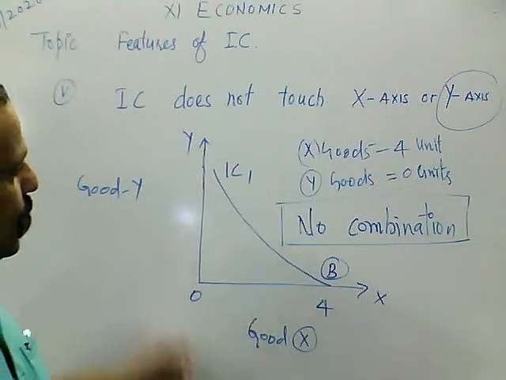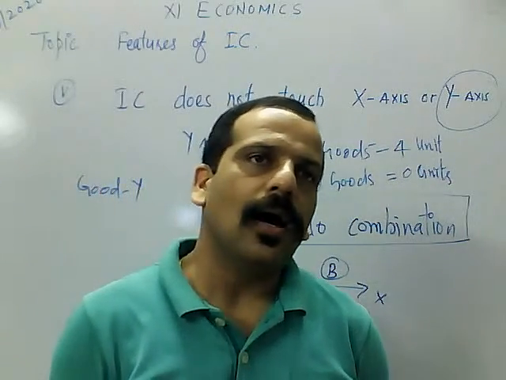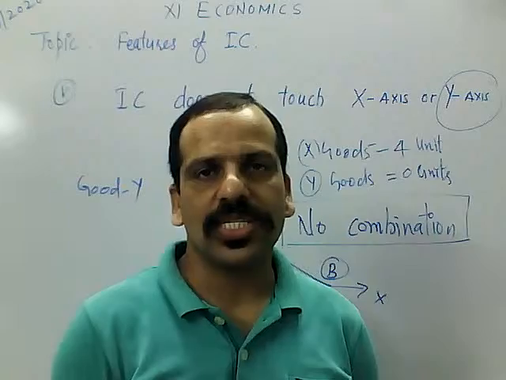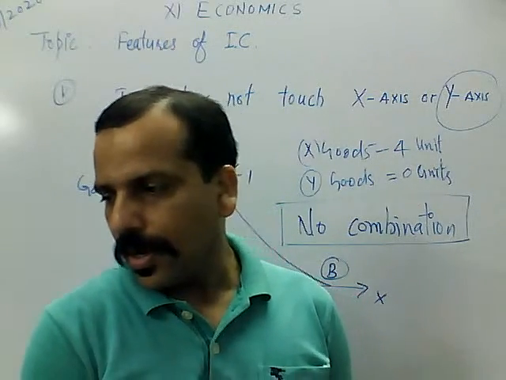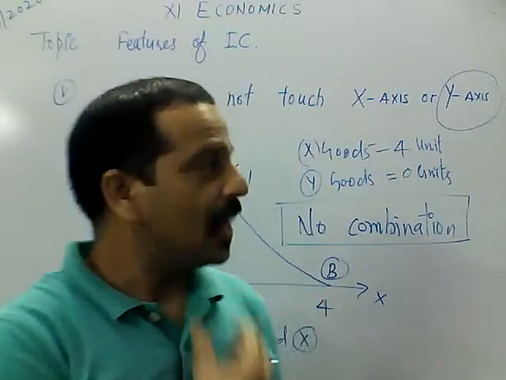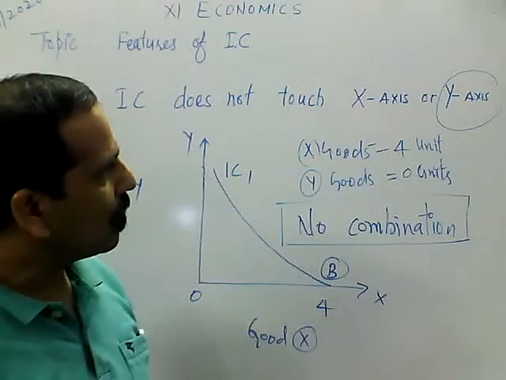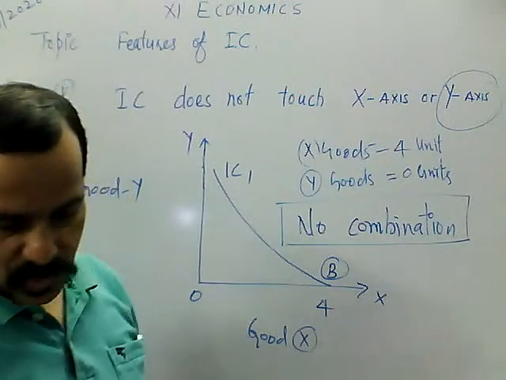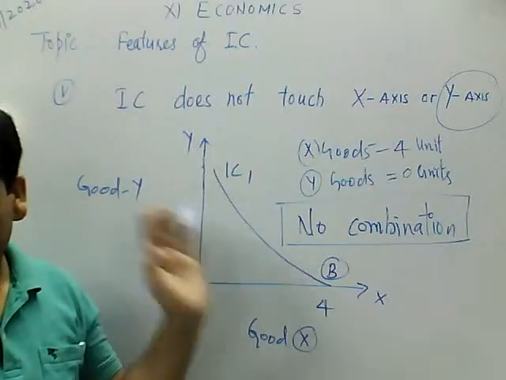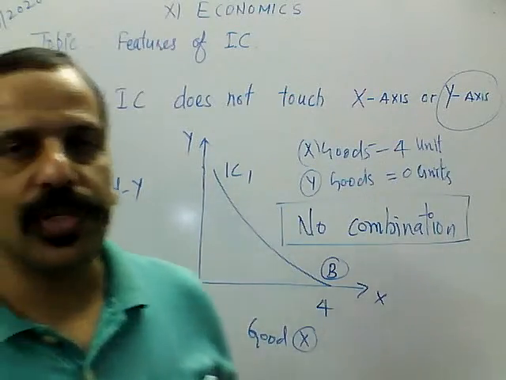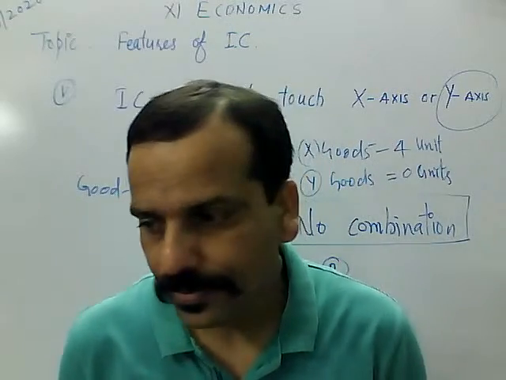Fourth, indifference curves never intersect, touch or cross each other. And last point, indifference curve neither touches the OX axis nor the OY axis. So this is about the features or properties of indifference curve.